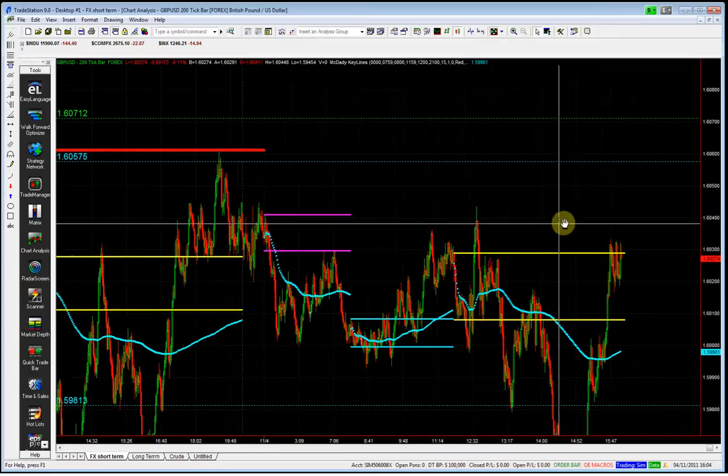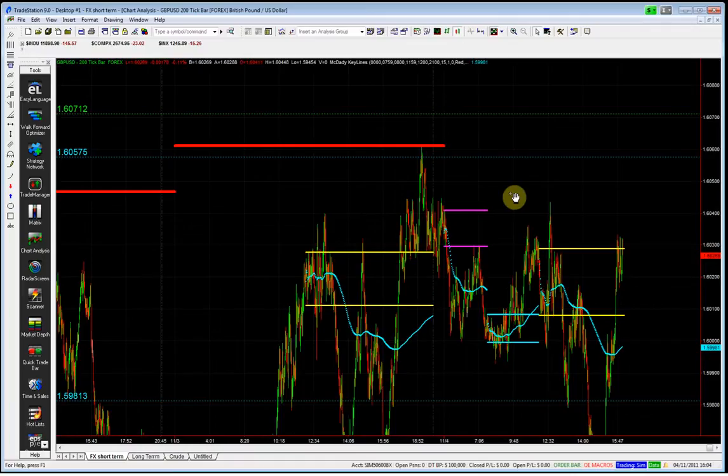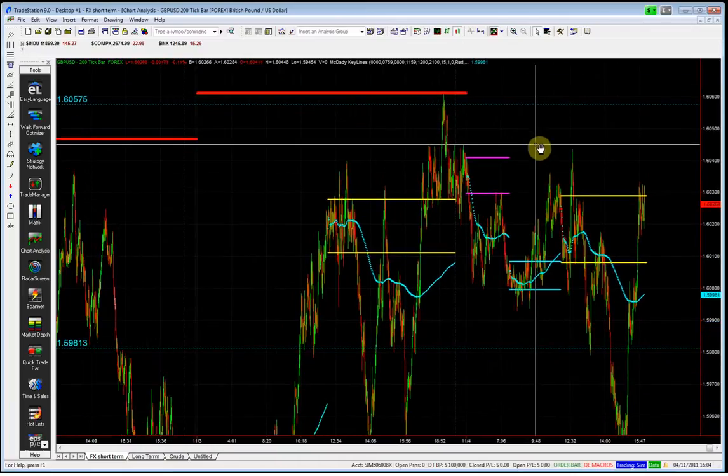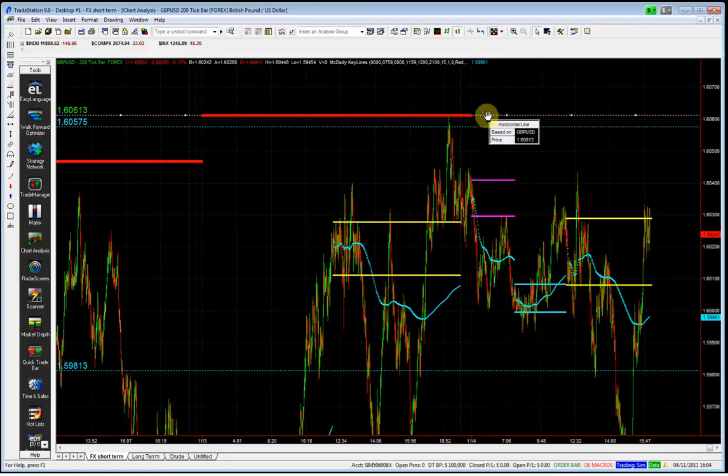The long point is going to be the one-day high, which takes into account the 160.57. So the long point is going to be 160.61. 160.61 on the long, 159.81 on the short.